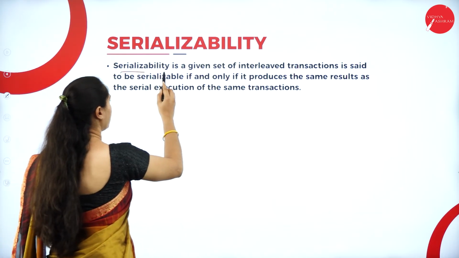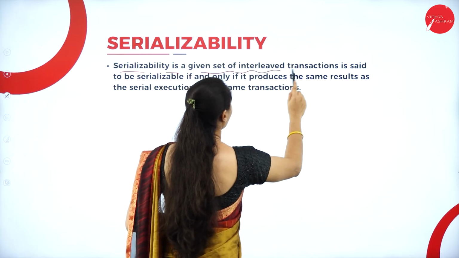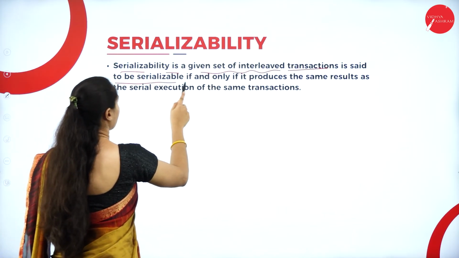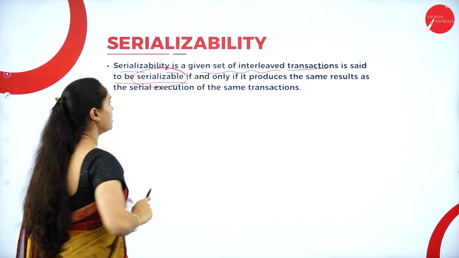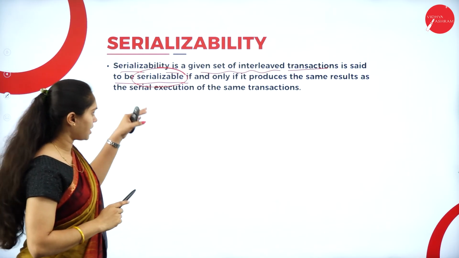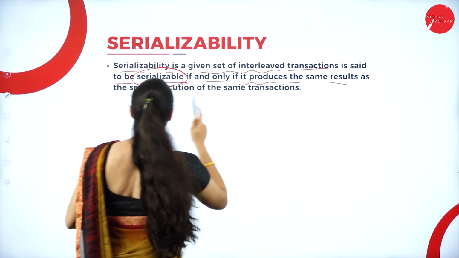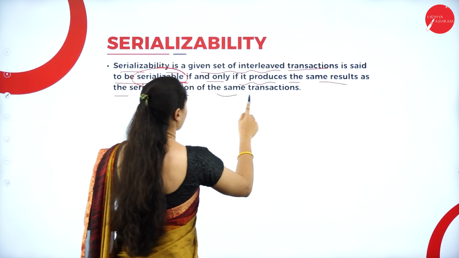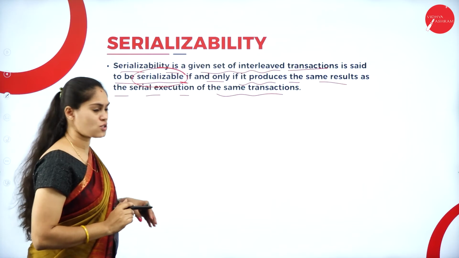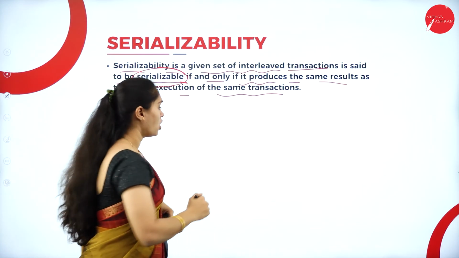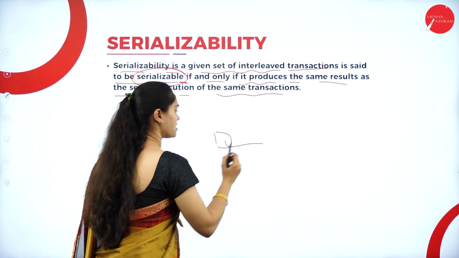Serializability: a given set of interleaved transactions is said to be serializable if and only if it produces the same result as the serial execution of the same transactions. Here also we are doing it in parallel, but one transaction will take place at a time.